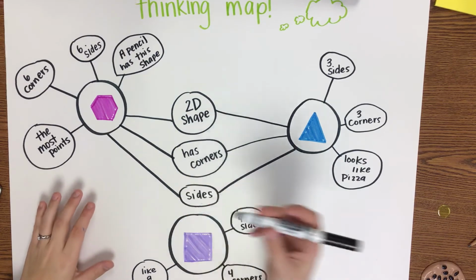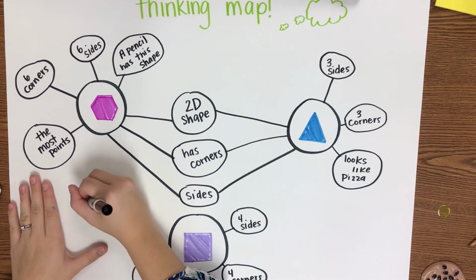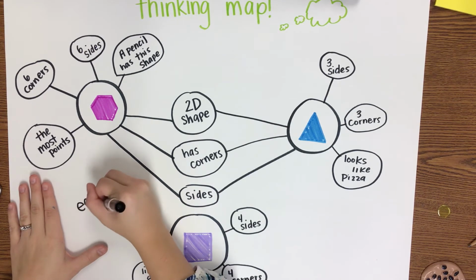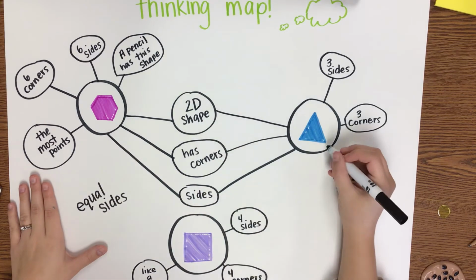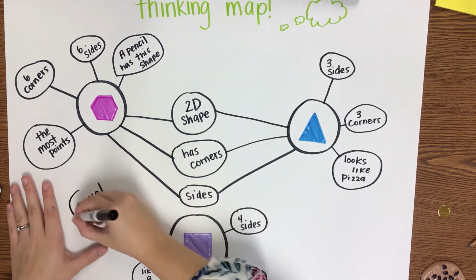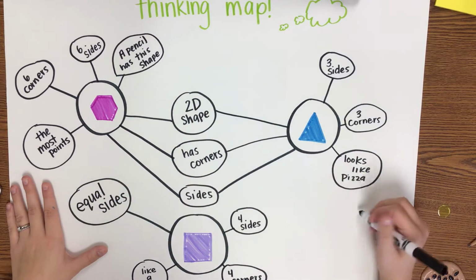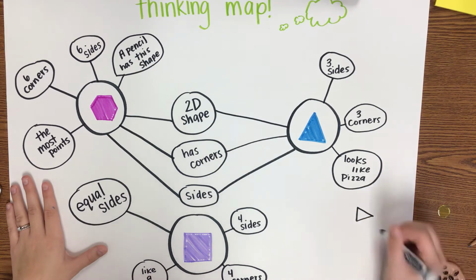We can't say that about our friend the triangle, because a triangle could also look like that.